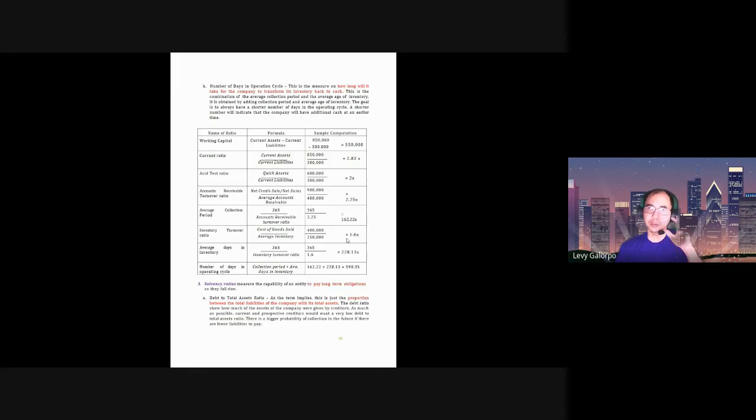Doon daw sa kabuang asset ng kumpanya, ilan daw doon or gaano karami doon ang galing sa creditors o sa third party creditors or sa pangungutang. Utang yan eh. As much as possible, current and prospective creditors would want a very low debt to total assets ratio. There is a bigger probability of collection in the future if there are fewer liabilities to pay.